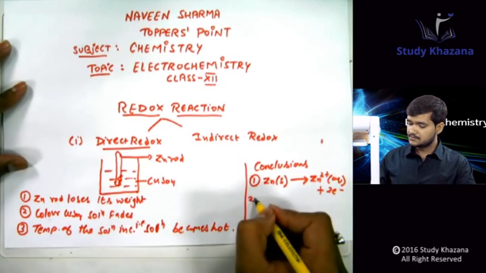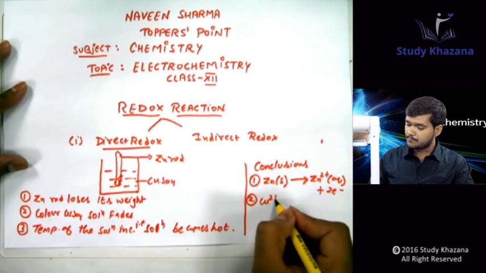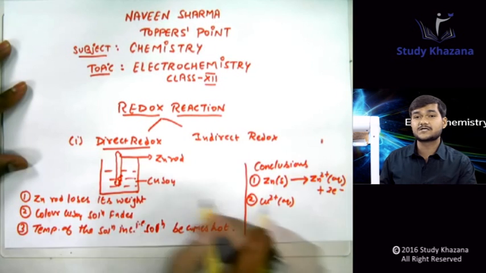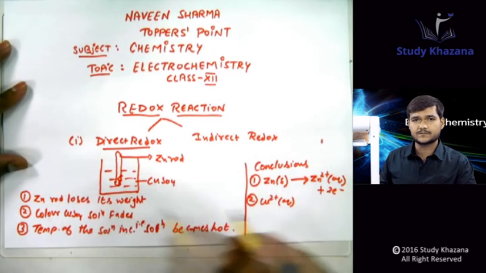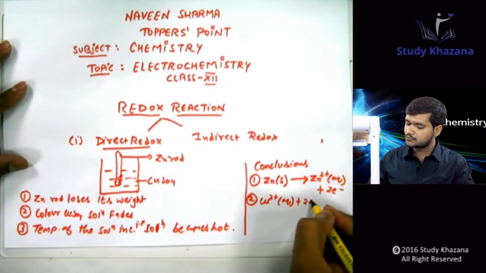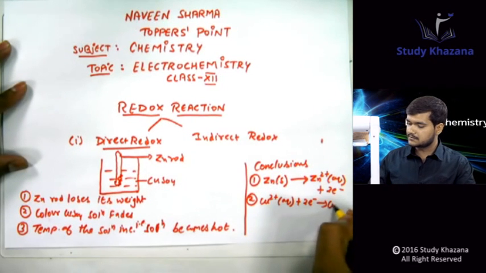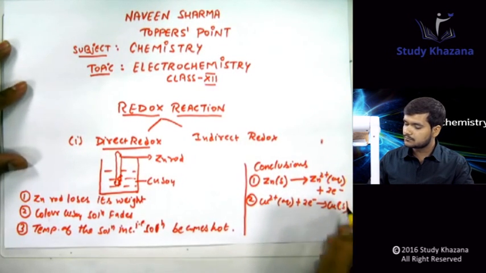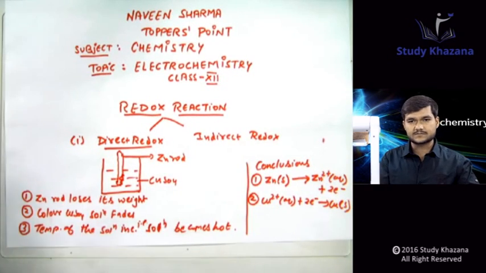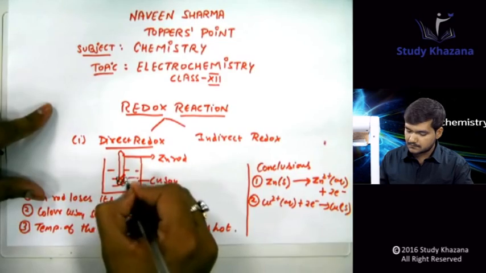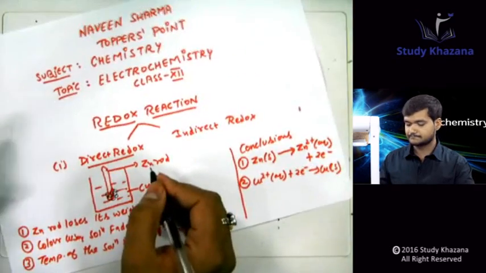Second, the copper ions, aqueous, which are present in the solution, gain the 2 electrons which were lost by zinc and convert into copper solid. Here you can see the copper deposited.